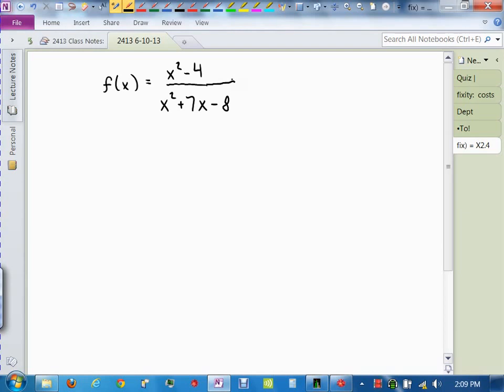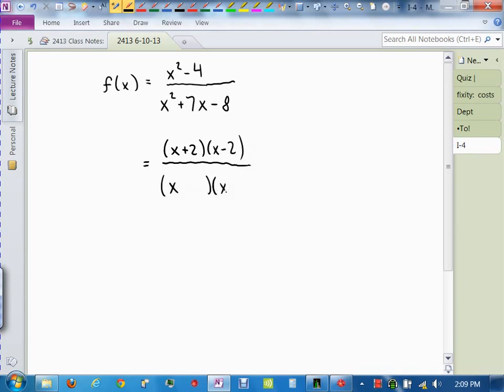So what am I trying to do? Determine the domain algebraically. Trying to figure out what I can and cannot plug into this function. So what are the things I'm concerned about? The denominator can't be 0. So how am I going to figure out when this is 0? Probably try and factor it. While we're factoring, we may as well factor the numerator also, just to make sure that we're okay at factoring.